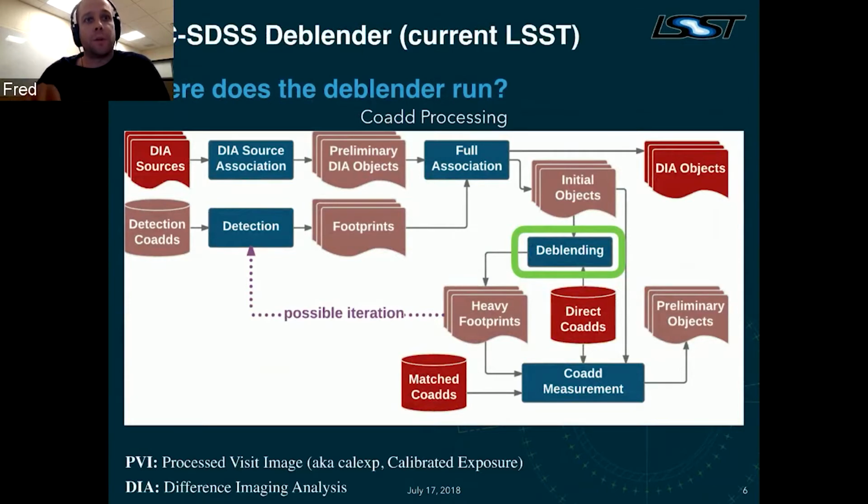And right now the deblending is done one band at a time. So the r band deblends without knowing anything about any of the other filters, g and all the other bands.